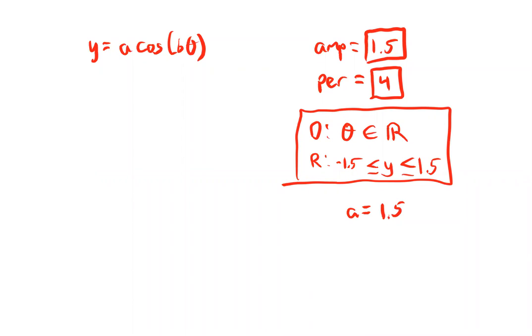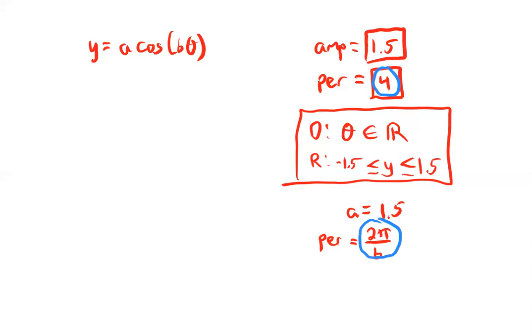If you want to find b, you can see how the axis is labeled. Be careful here, because sometimes students think if they don't see pi, it must be in degrees. How you know it's not in degrees is because it doesn't have the degree symbol. So this one's actually in radians. So the period is going to be 2 pi over b, not 360 over b. I know the period equals this, and it also equals 4.